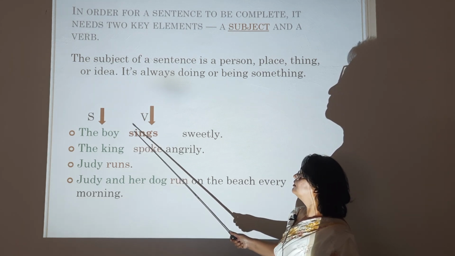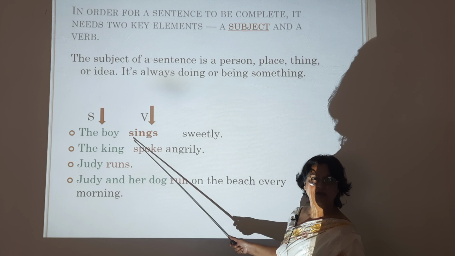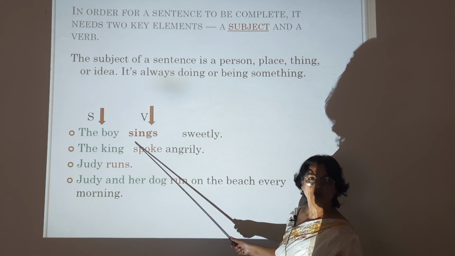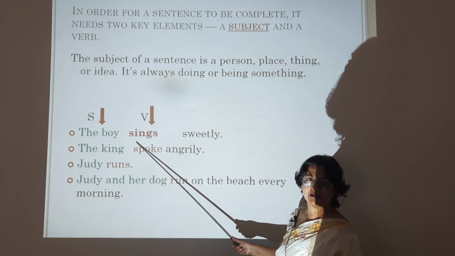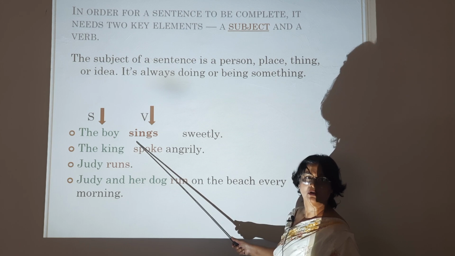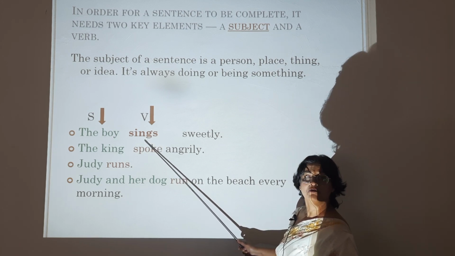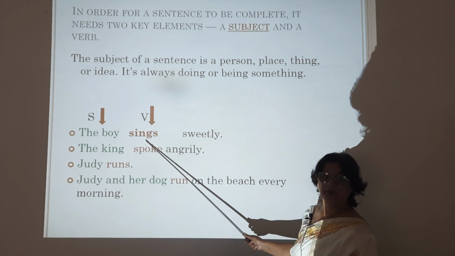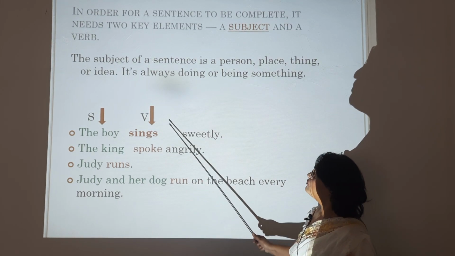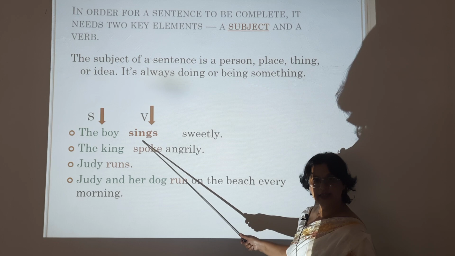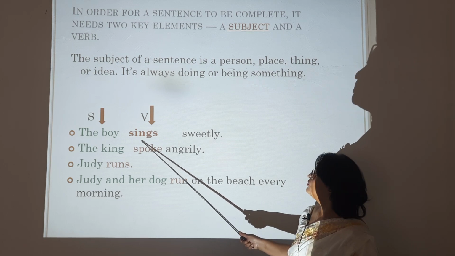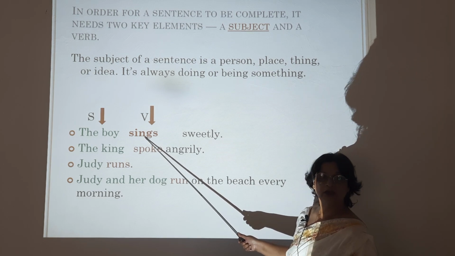Look at this. First, we are going to identify the verb. If you want to know what the subject in a sentence is, or who the subject is, first we need to identify the verb. So now we know the action verb here is sings. Put the question, who sings?